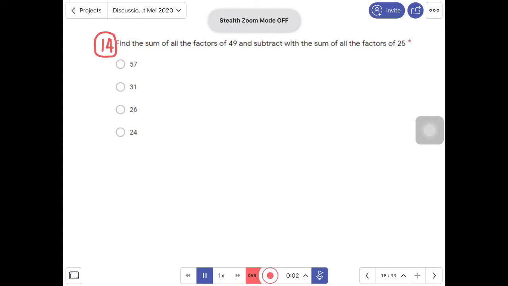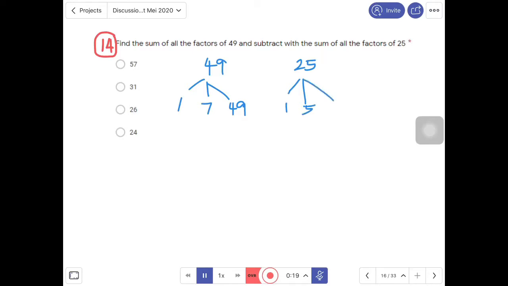So factors of 49 are 1, 7 and 49. And factors of 25 are 1, 5 and 25. Okay. So we need to get sum of factors of 49, minus sum of all factors of 25.